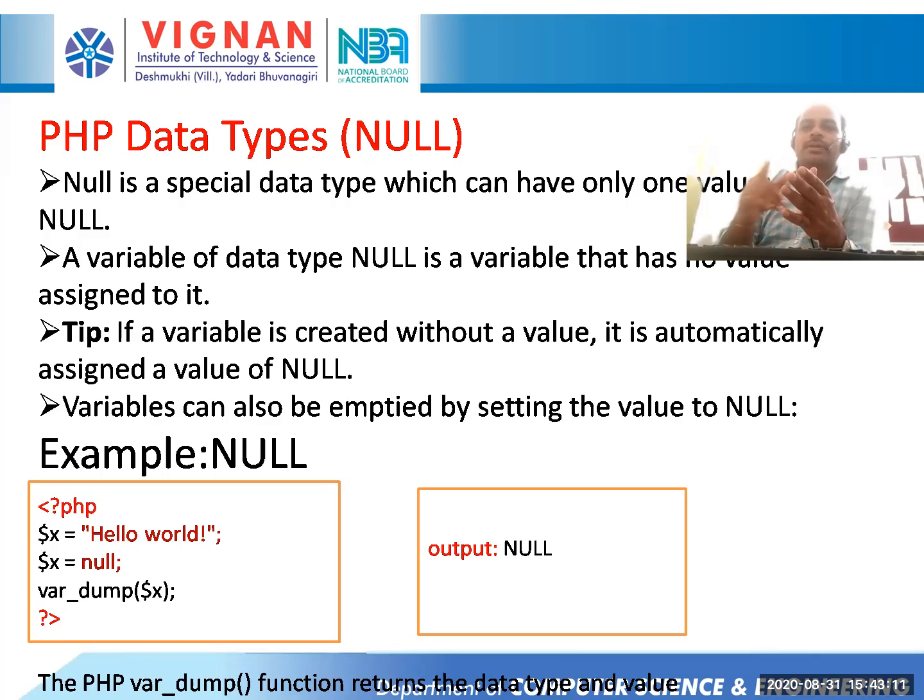So $x is equal to 10, x has the value 10, and we can make it null by doing $x is equal to null. Then the value of x becomes null, that is, x is emptied. In this example, $x is equal to hello world, and now its value is hello world, and then $x equal to null, so x is emptied and its value becomes null. The output is null.